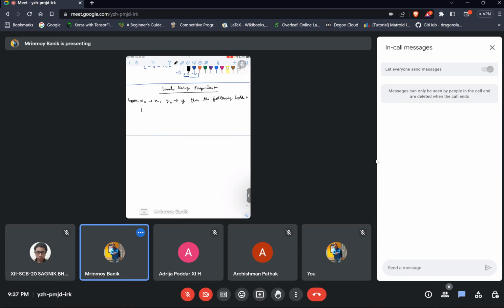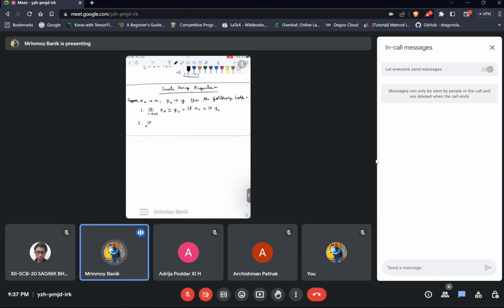Number 1, limit of xn plus or minus yn is limit xn plus or minus limit yn.